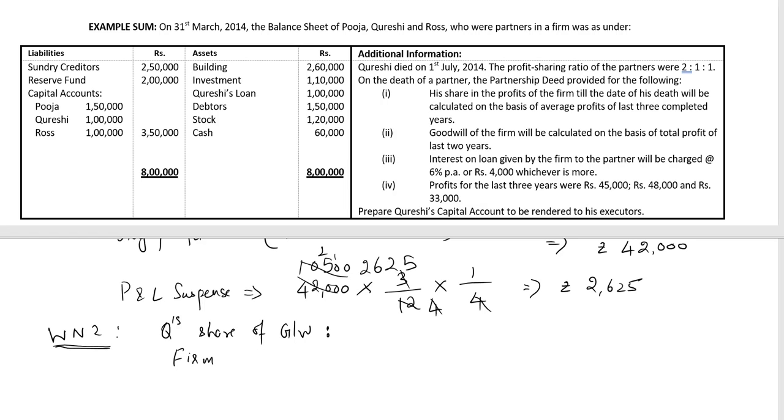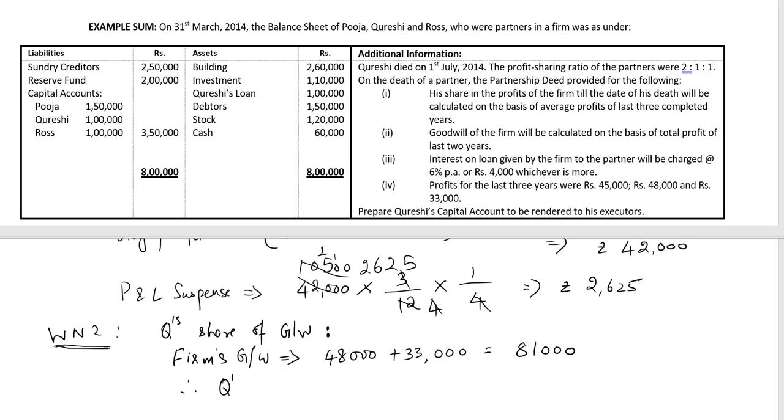As per point 2, firm's goodwill is equal to the total profits of the last 2 years, which is 48,000 plus 33,000, which is 81,000.